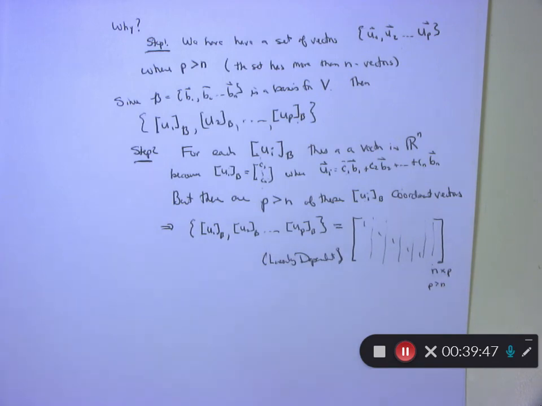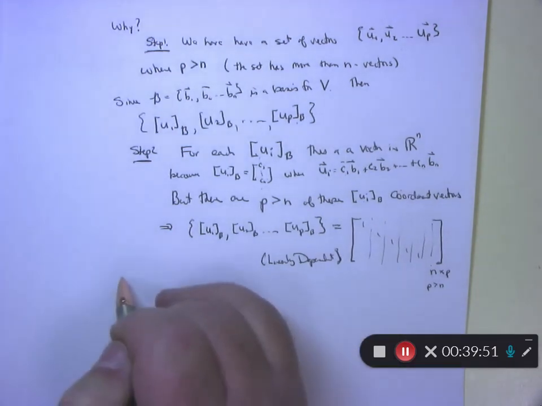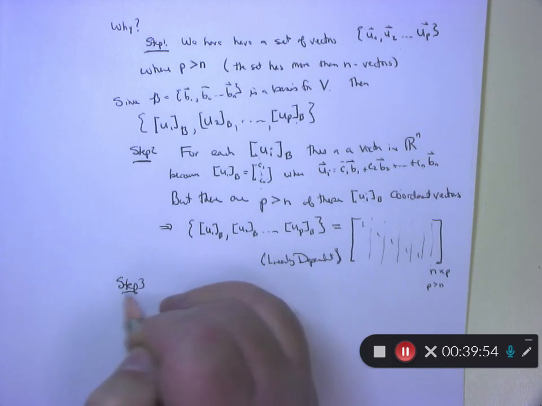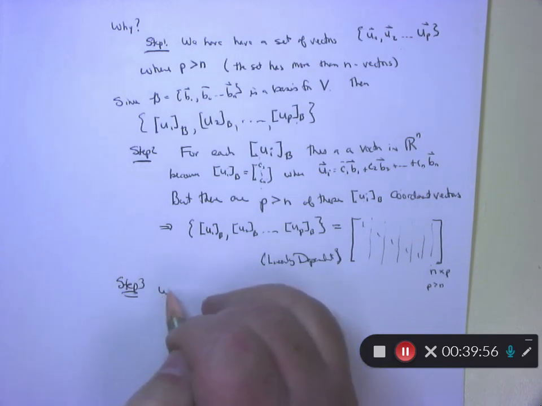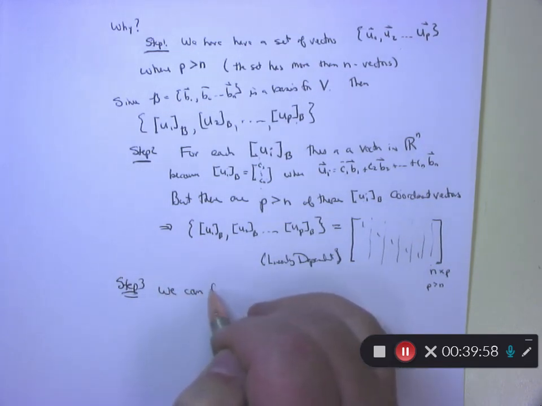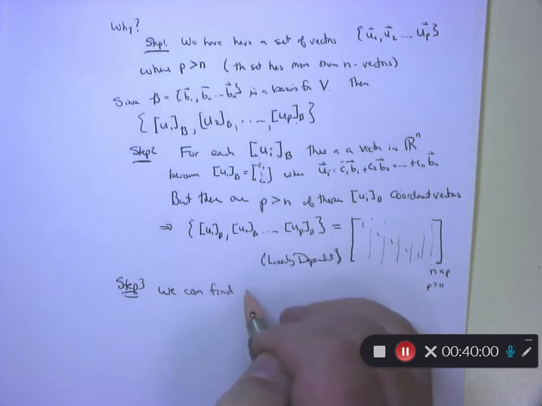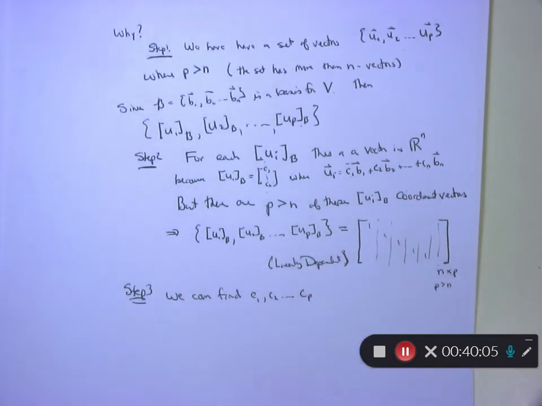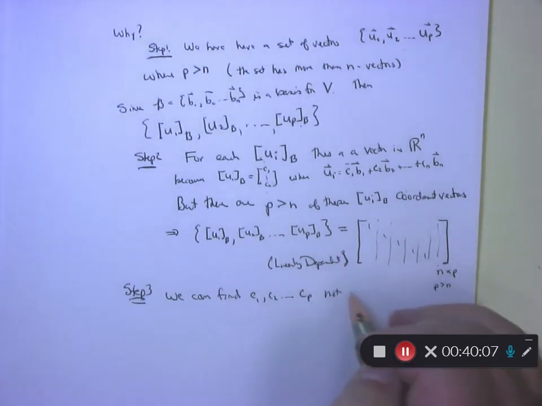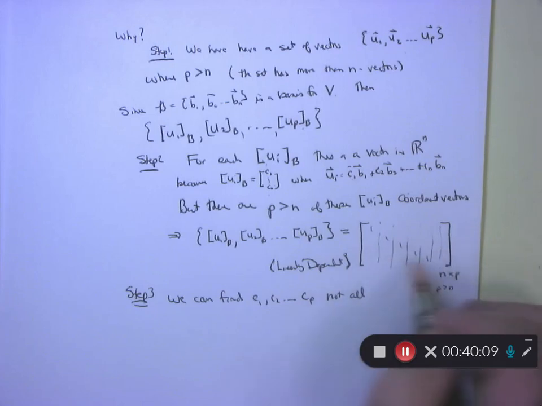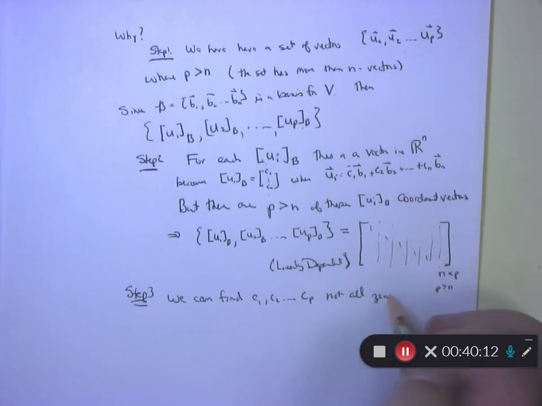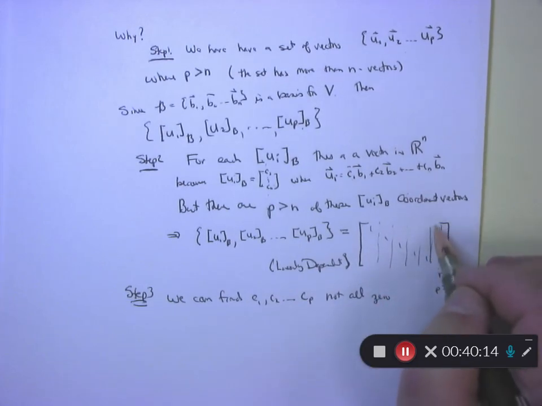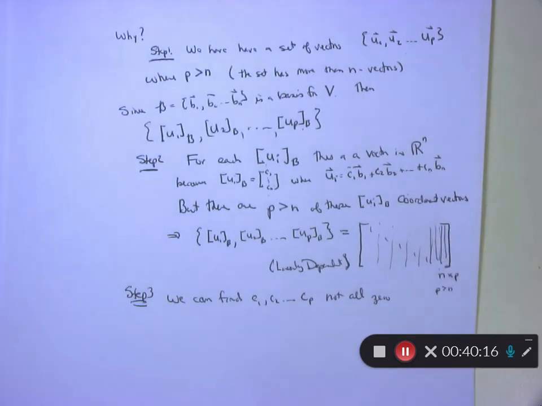Okay, but another way of looking at that would be, just a little side note here, I could go on to step 3 if I actually try to prove this to you guys. We can find, this was the idea I was trying to get across here, a C1, C2, out to CP, not all zero, because that's what's going on over here, there's a couple of rows left over that never got a pivot into them, okay?